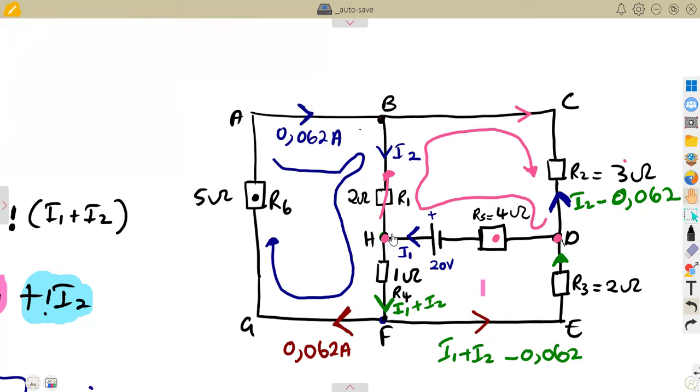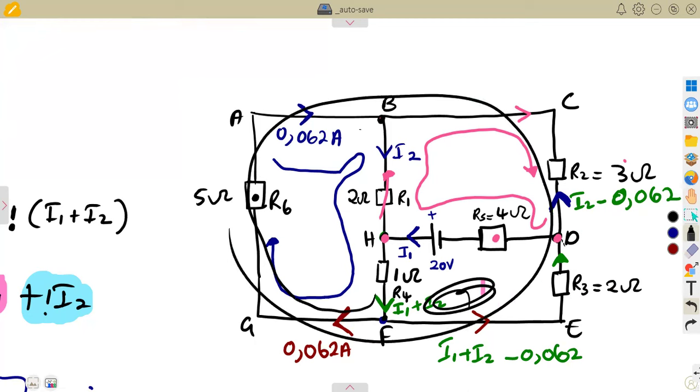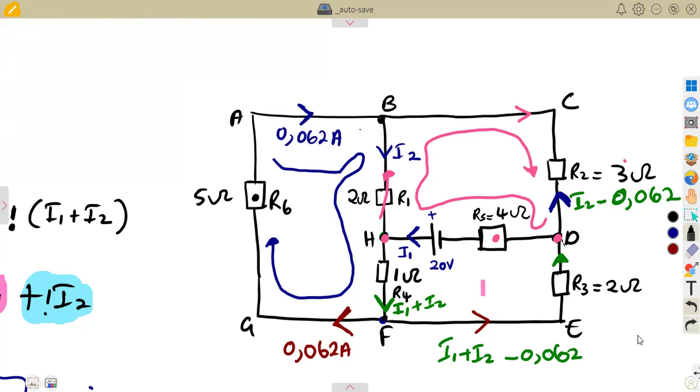But in exam conditions, they can give you a certain loop to work with. You do not have an option when you are given that, you work with that. We could have worked with this loop. You could have worked with the outer part, as long as you are forming a closed circuit.